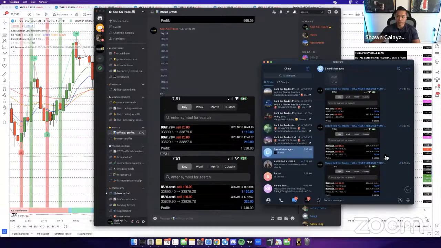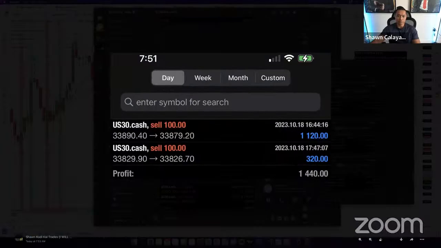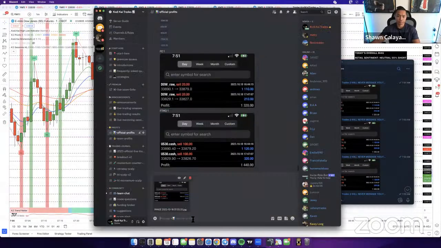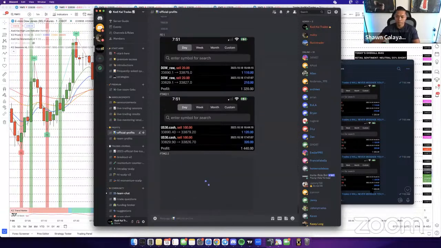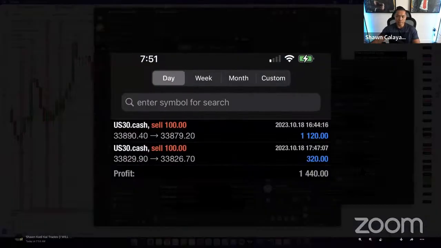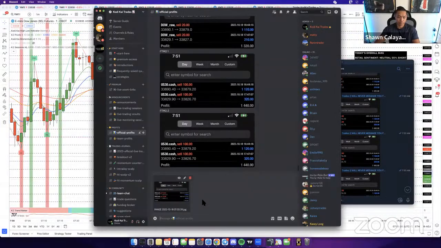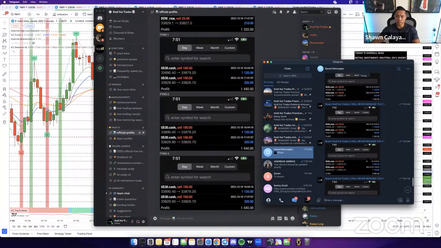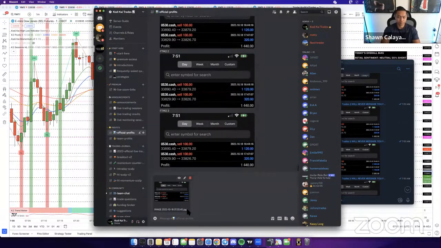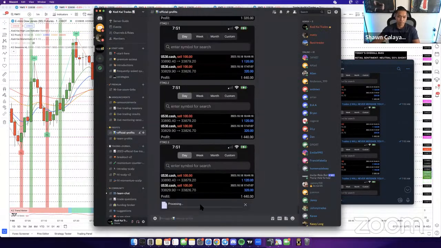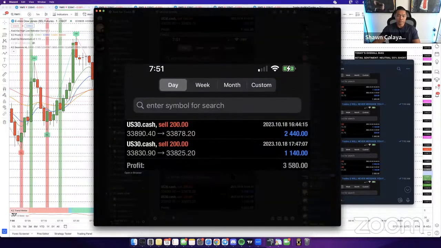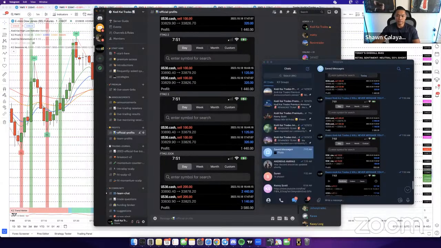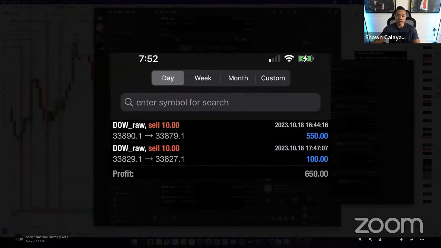Second FTMO, 1,440 as well. Third FTMO, same thing, 1,440. This is my 200K account locked in 3,580. Here is my funded engineer number two account locked in 650.